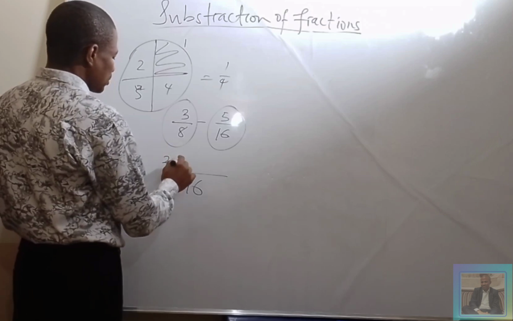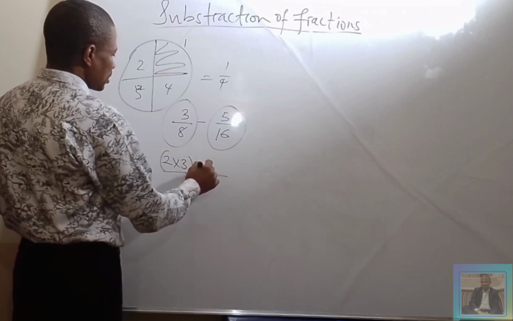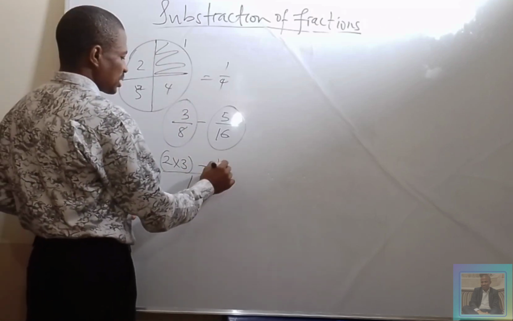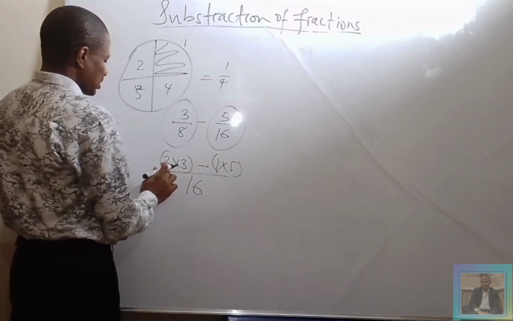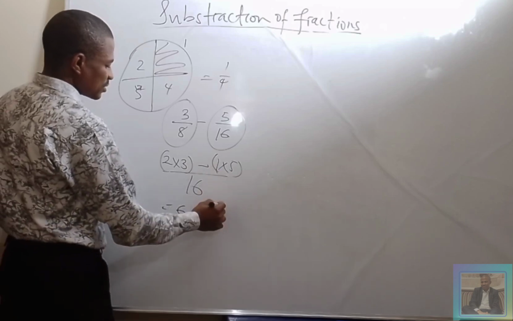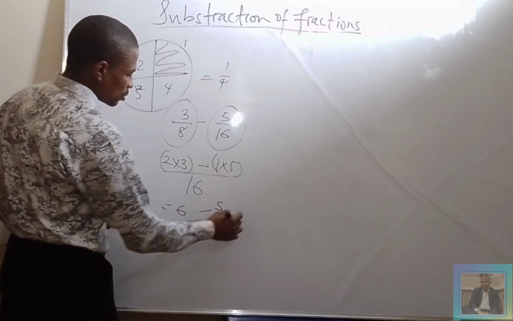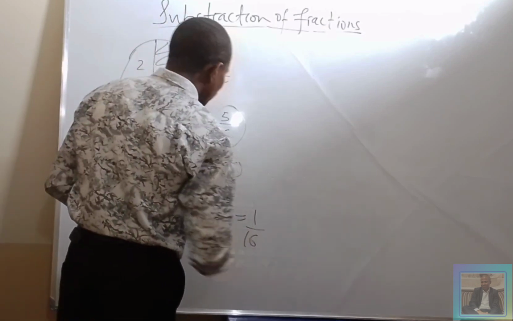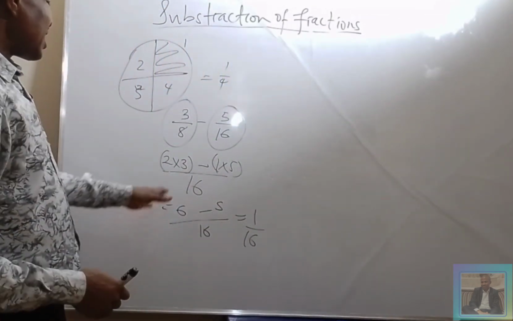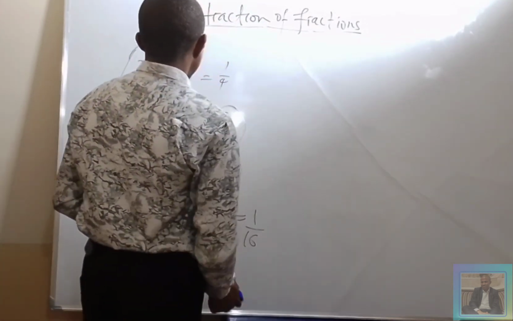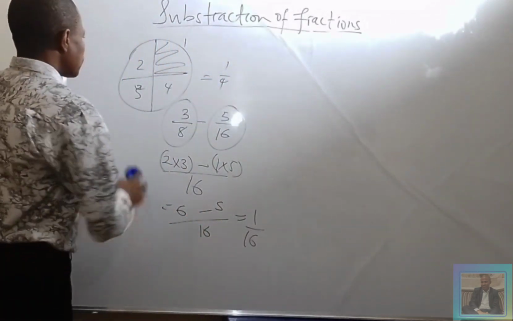Then we say 2 times 3 minus, how many 16s can we find in 16? 1. Then we say 1 times 5. 2 times 3 is 6, 1 times 5 is 5, over the denominator. What we have is 1 over 16. So in subtraction of fractions, whatever it is, we must have a common denominator.